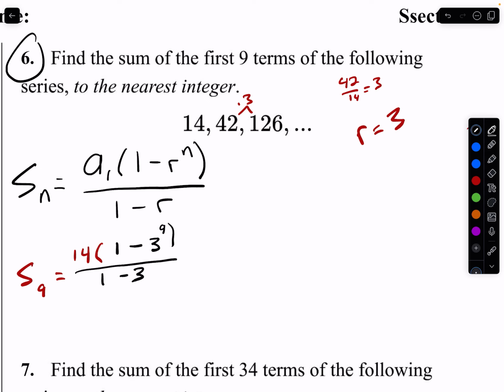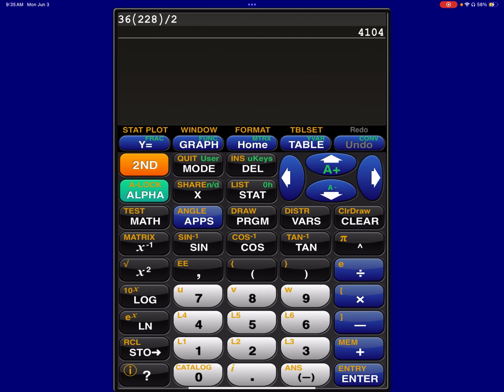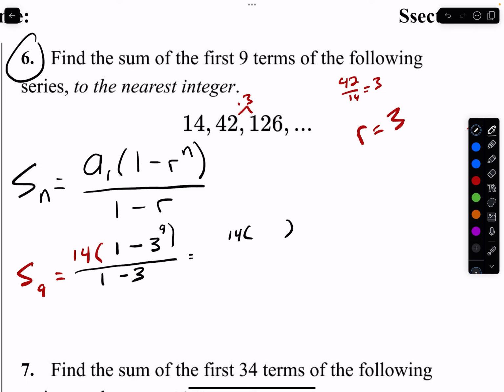Okay? So on our calculator, we're going to evaluate this first. I'm going to do 14 times, what is 1 minus 3 to the 9? So 1 minus 3 raised to the 9th power is that number, negative 19,682, all divided by negative 2.